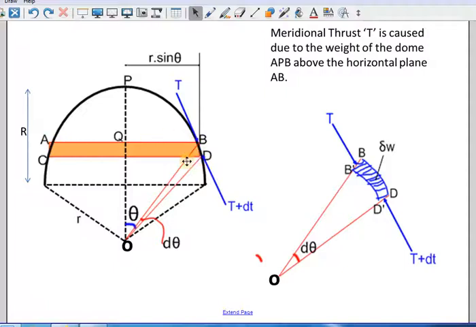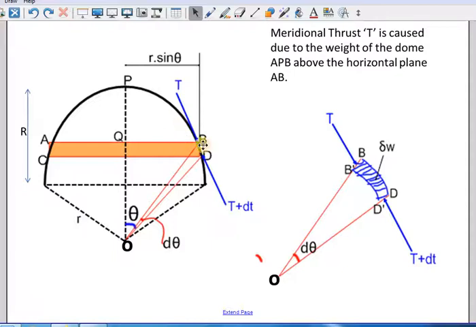So this is, let us say, one ring A, B and C, D. As you can see here, because of the weight of the dome, there will be a horizontal thrust along the meridian. This is called meridional thrust, which is T, which is acting on the ring like this, and for equilibrium there will be one in the opposite direction also, but at the bottom it will be T plus dt.